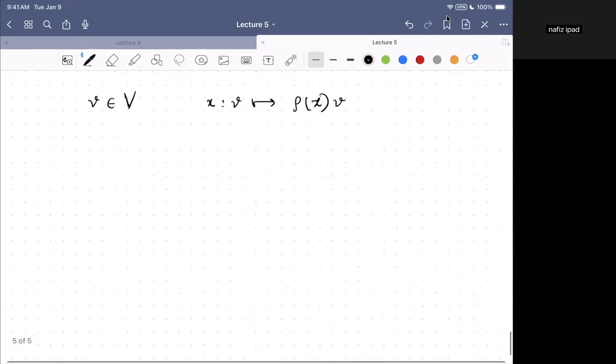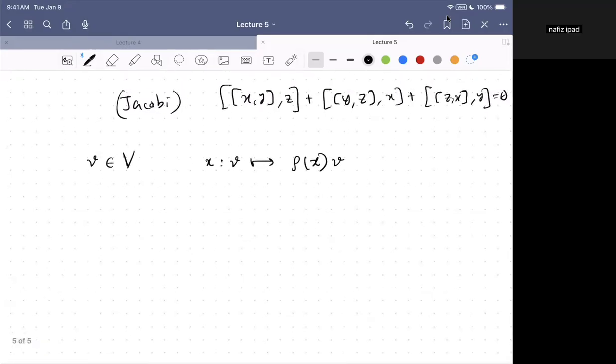Okay. Now, if you take an element of the Lie algebra of the form X Lie bracket Y, and you act on v with this, this will of course, okay, this has to map to the commutator.